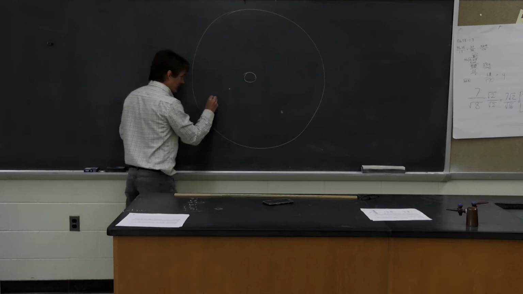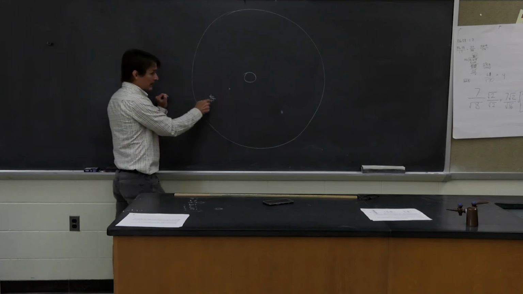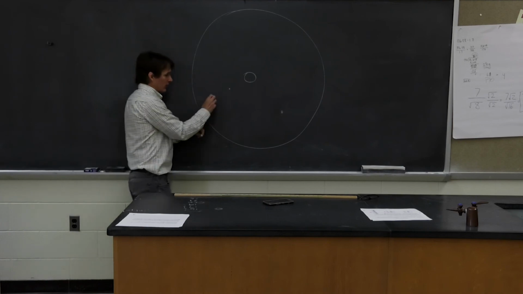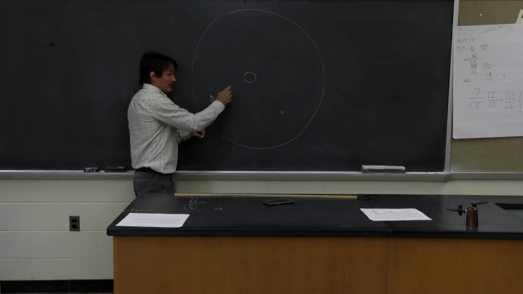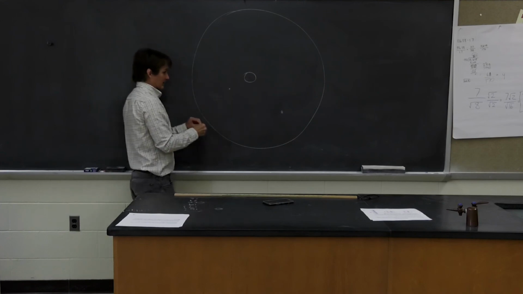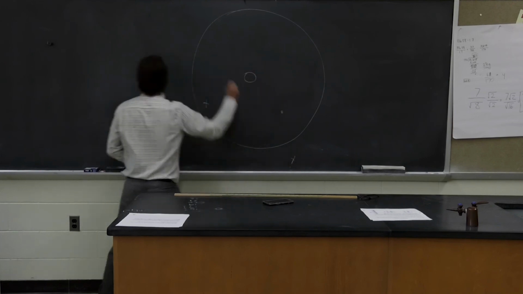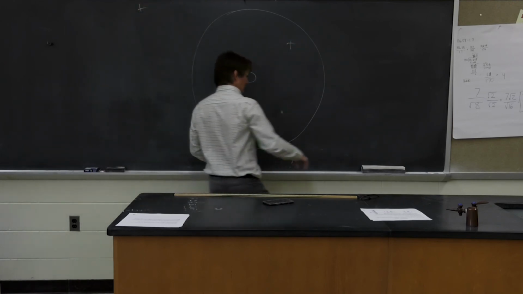Throw another one, and it's right here. Throw another one, and it's right here. These dart throws are all very close to one another, very precise, but not very accurate. This is somebody who's neither precise nor accurate. This one's going to seem a little goofy.